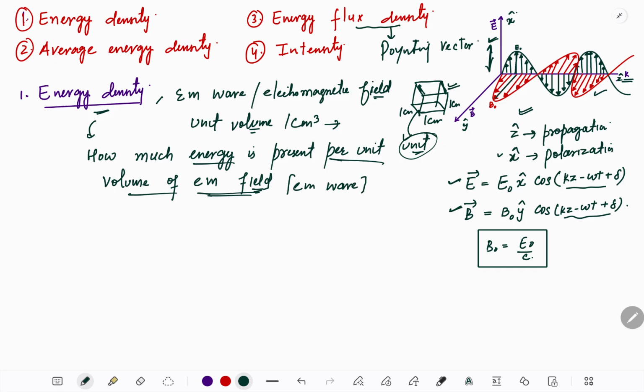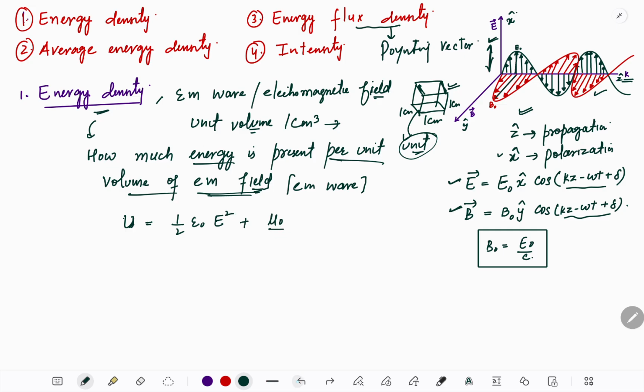Now we know that energy is present in both the electric field and the magnetic field. It is generally represented by U in most books, though some other books use a different symbol. U equals 1 by 2 epsilon 0 E square plus 1 by 2 mu 0 B square.